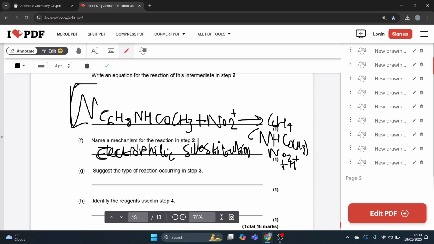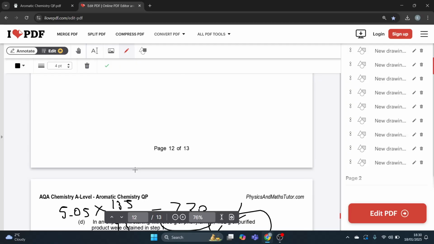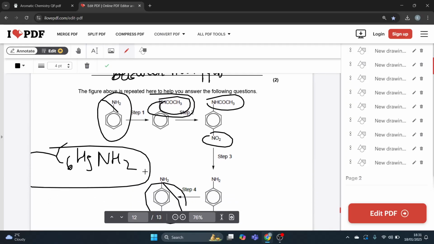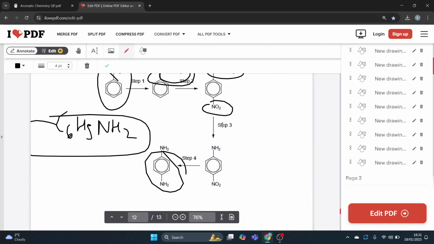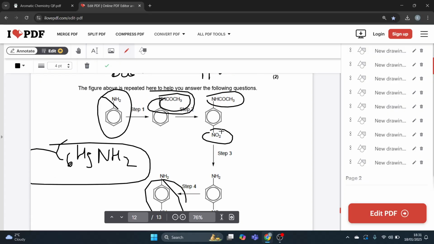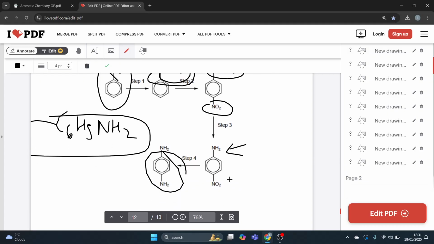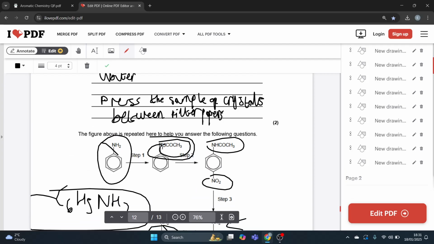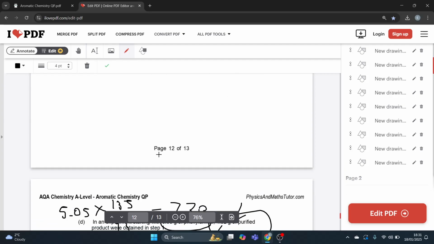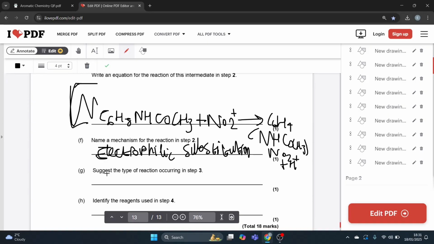And in part G, sorry, suggest the type of reaction occurring in step 3. In step 3, I'm going from this NO2 to NH2 NO2. It is hydrolysis. Hydrolysis.